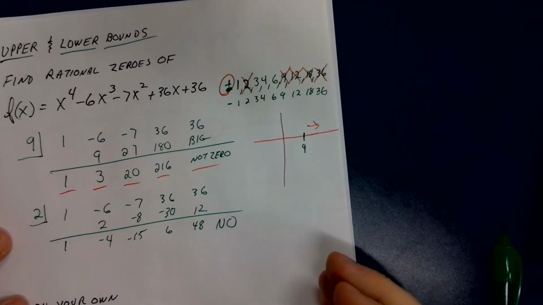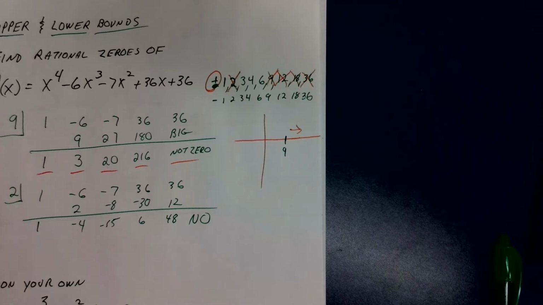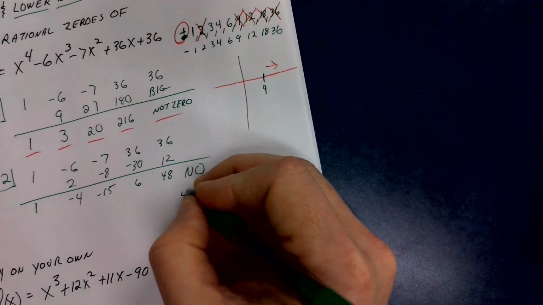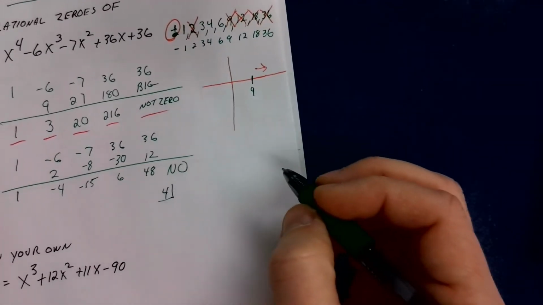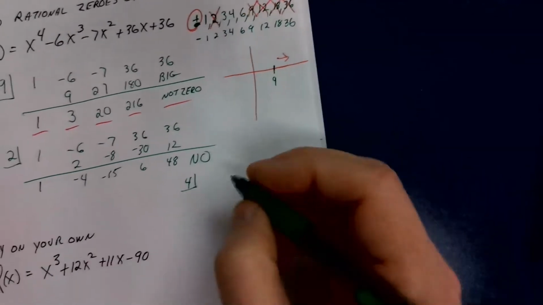Again, I still don't know which one it is, so I try another one. Let's try 4. I know you're thinking, dang, that's a lot of work. Yep, it's a lot of work. Sometimes I'll give this to you in groups of 2 or 3 people, and you can try stuff on your own. That's what you'll get from the in-class stuff.